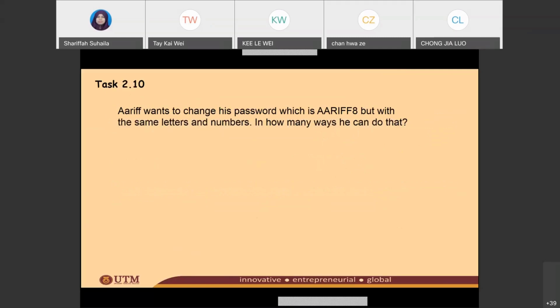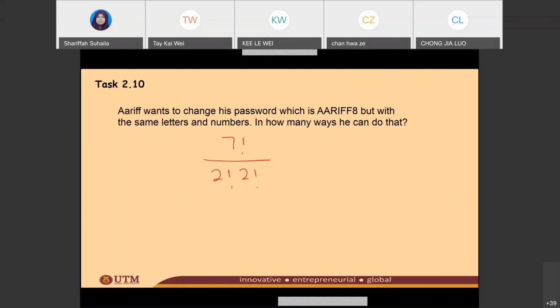The last one, task 2.10. Arif wants to change his password, which is AARIFF8, using the same letters and numbers. In how many ways can he do that? It has 7 characters. A comes out 2 times, F also 2 times. So you have 7 factorial divided by 2 factorial for A, and 2 factorial for FF.